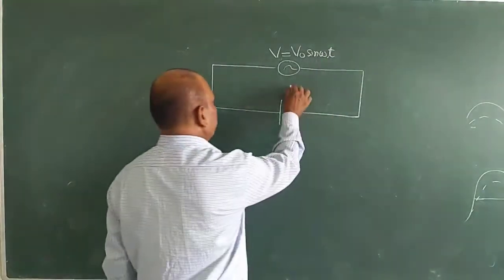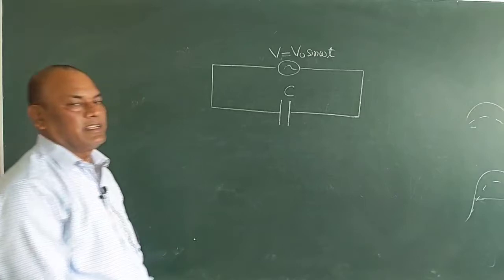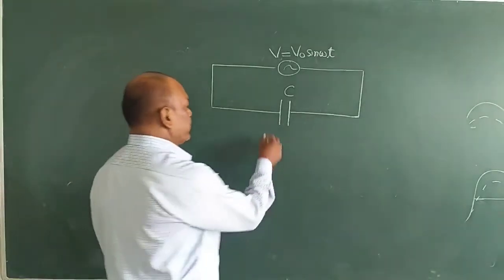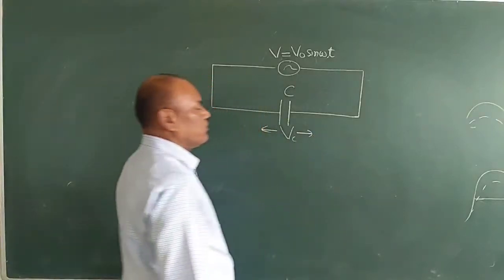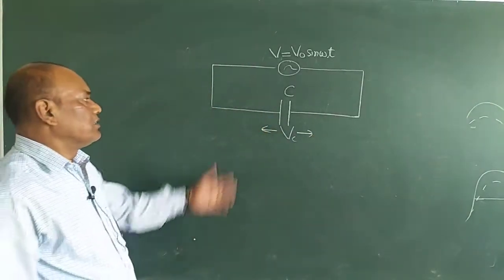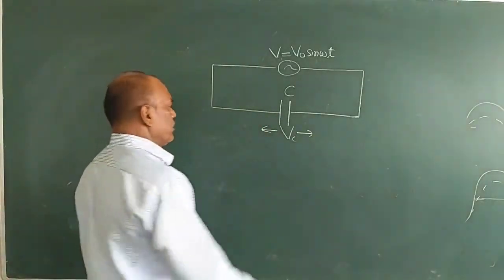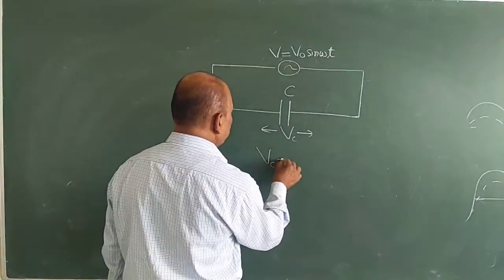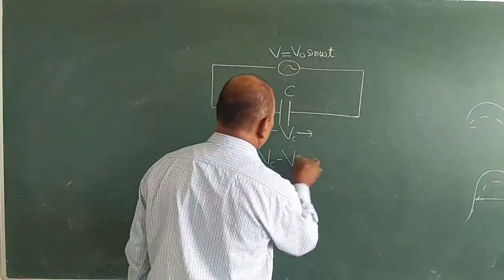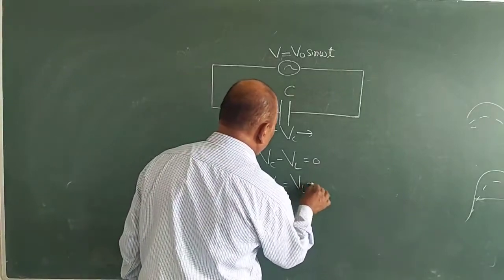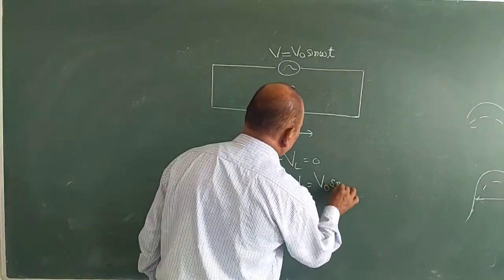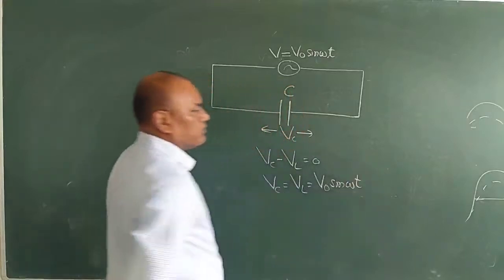Let us suppose its capacitance is C and the voltage developed across the plates is Vc. By applying Kirchhoff's second law, Vc minus VL equals 0. So Vc is equal to V0 sin omega t.